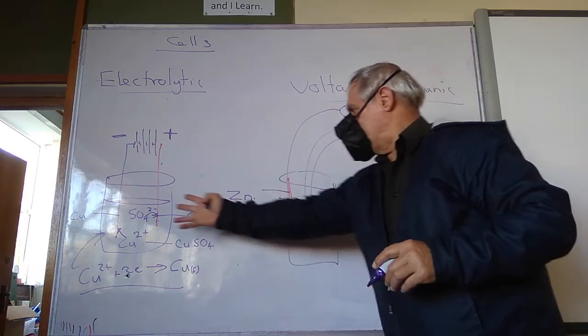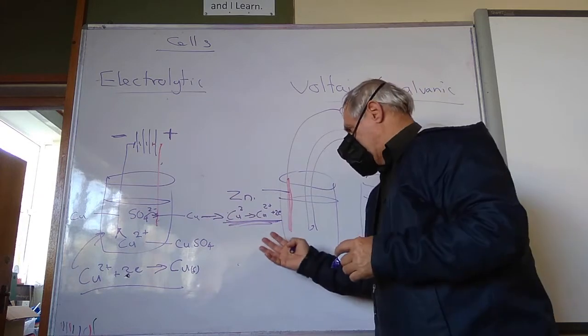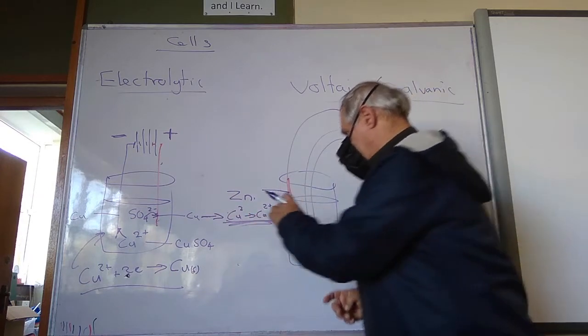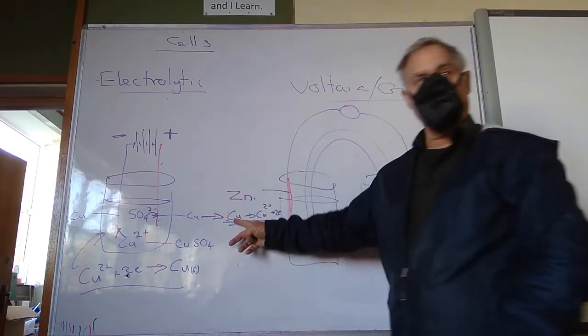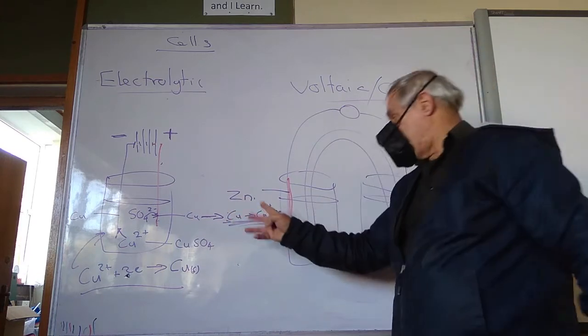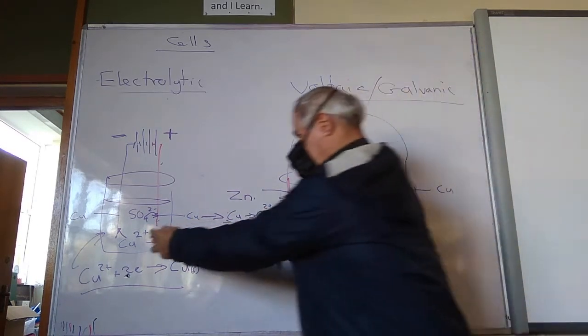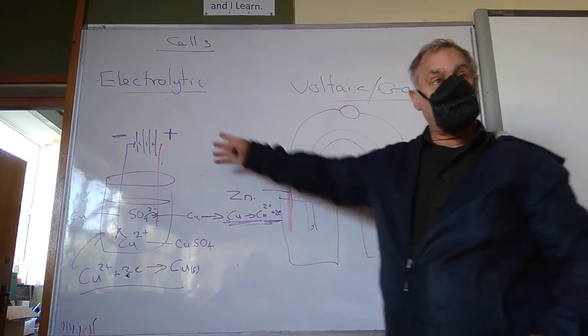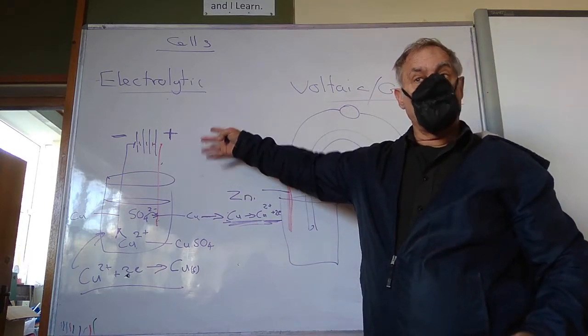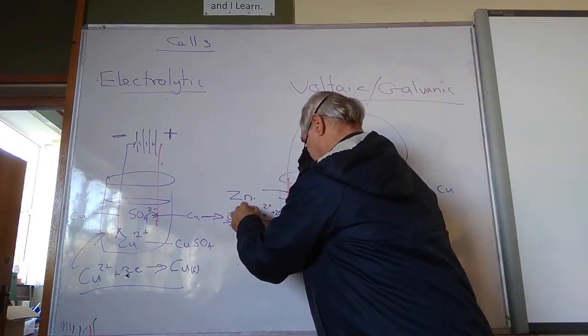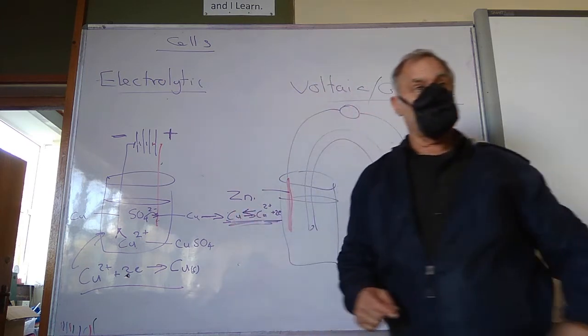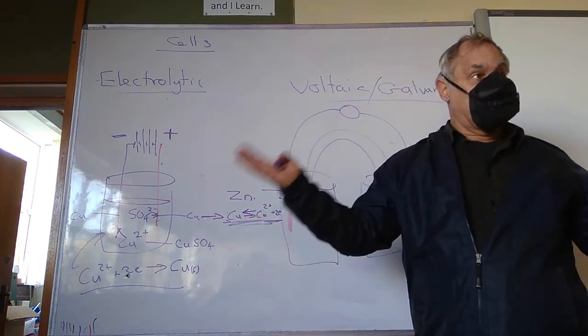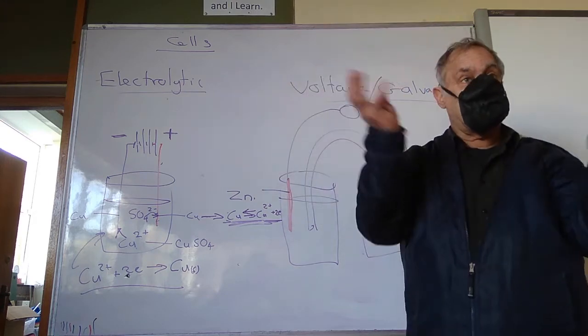Matthew, in the solution, which is a little bowl, have we got copper metal? Have we got copper ions? Have we got electrons? Do we have a reversible reaction possible? We have, because we've got everything there.